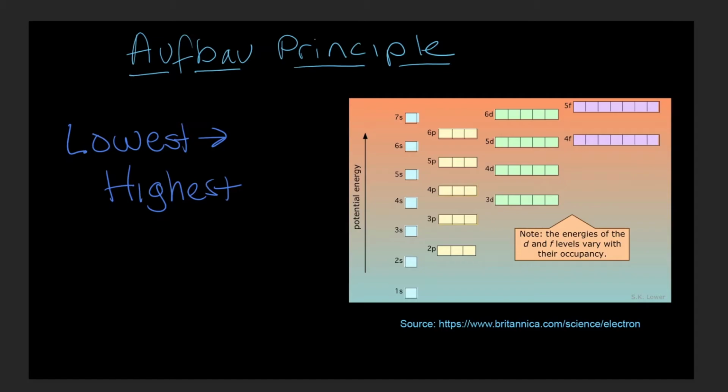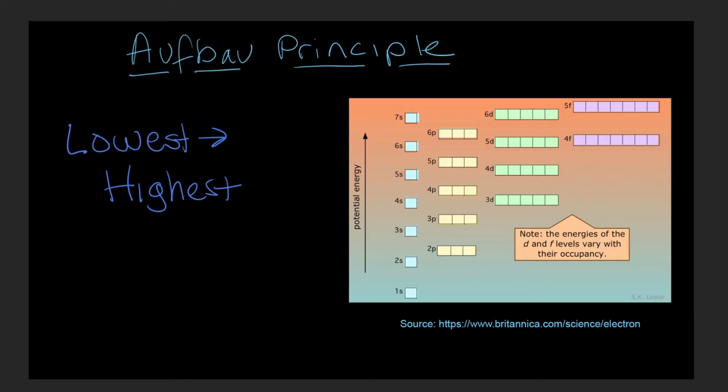Take note of the orbital filling diagram found to our right. This shows all the different orbitals that exist and how they compare to one another in respect to energy. So what the Aufbau principle tells us is that we're going to be filling from lowest energy to highest energy as we are distributing our electrons.